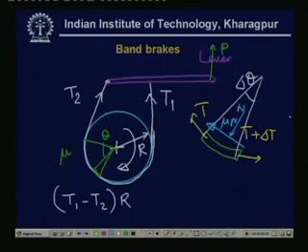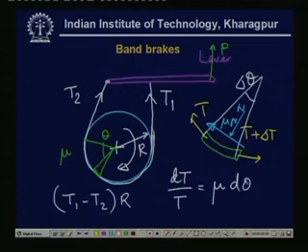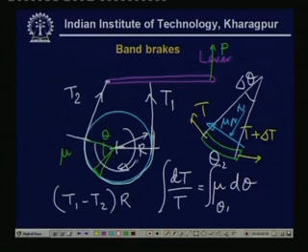If you calculate the force balance, you get the following relationship, that is dT by T is mu times d theta. When we integrate from theta 1 to theta 2, where theta is measured from this point, theta 1 is of course 0, and this goes up to this point, that is the entire angle, theta 2.